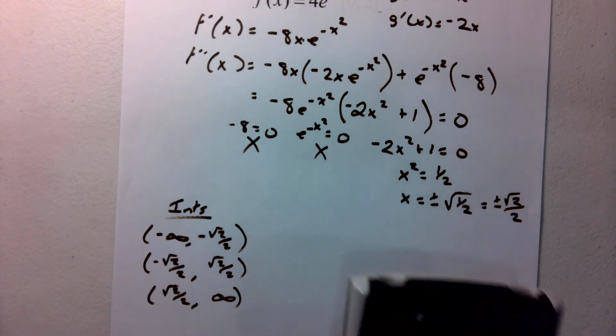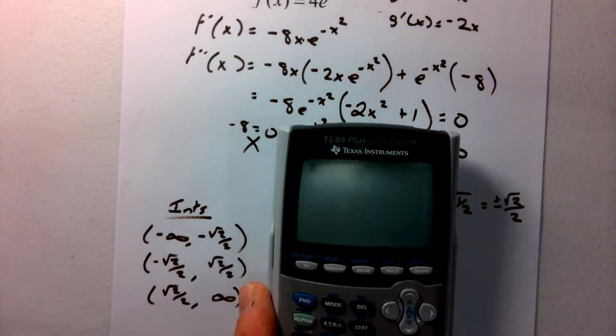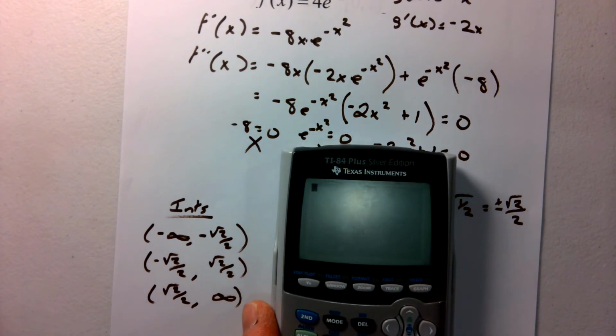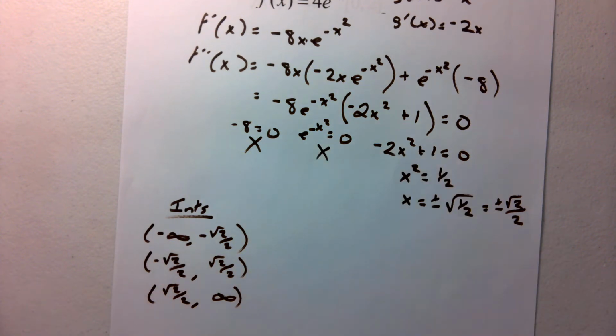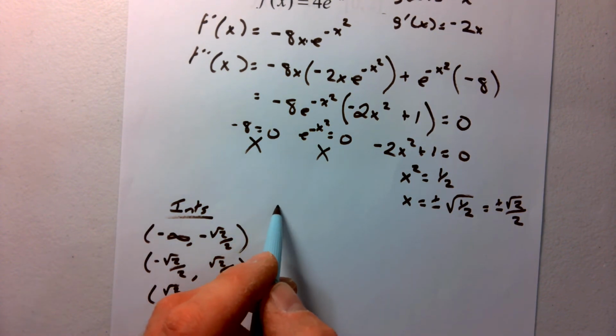You can do that in your calculator, and I'm okay with that if you don't remember it from trig, although some of you hopefully remember that from trig. The square root of 2 divided by 2 is 0.707. Remember that? Sine or cosine of 45 degrees or pi over 4. Yeah, ding, ding, ding.